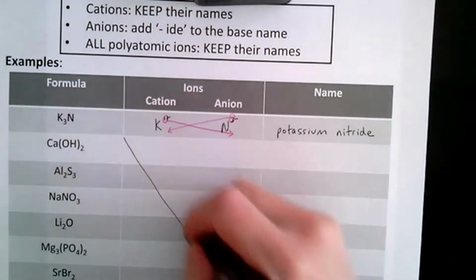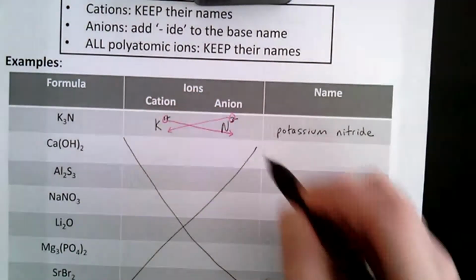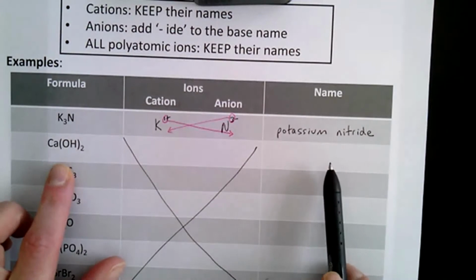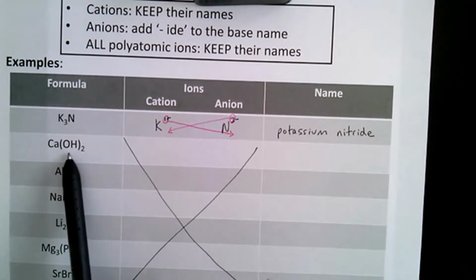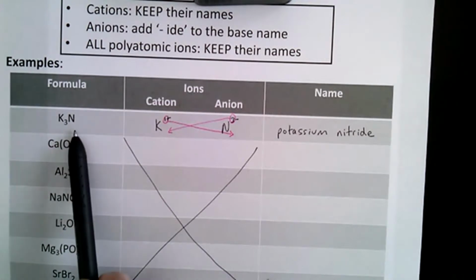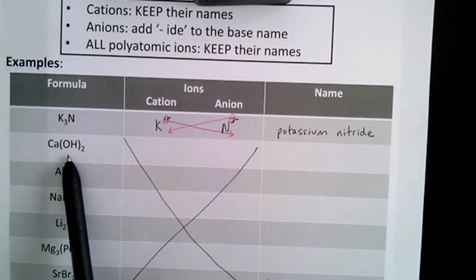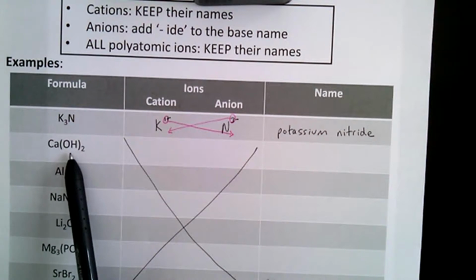All right, we're not going to worry about this column anymore. We're just going to go straight over from the formula to the name. Ca(OH)2. Anytime you see more than one element in the second part of this compound, you know it's a polyatomic ion. I got two nonmetals here, an O and an H. I know it's a polyatomic ion.